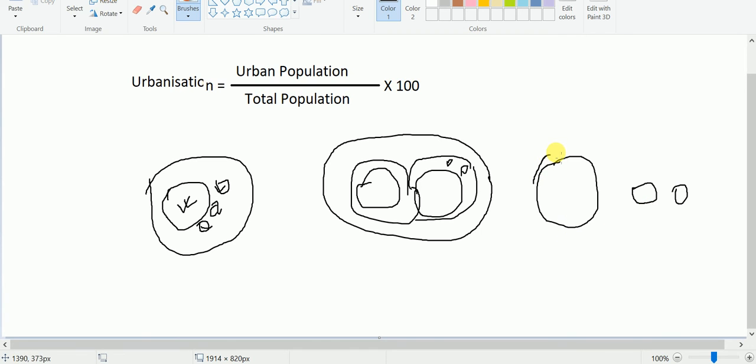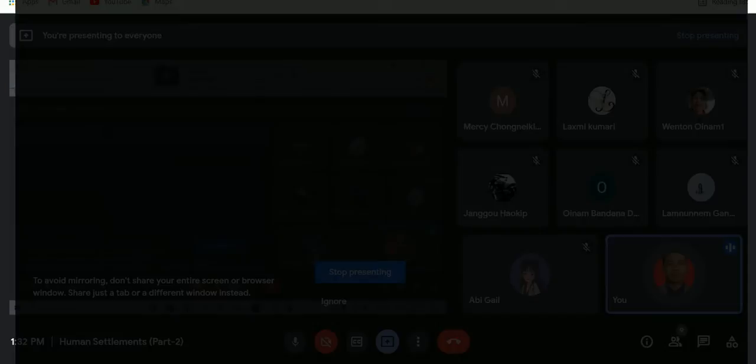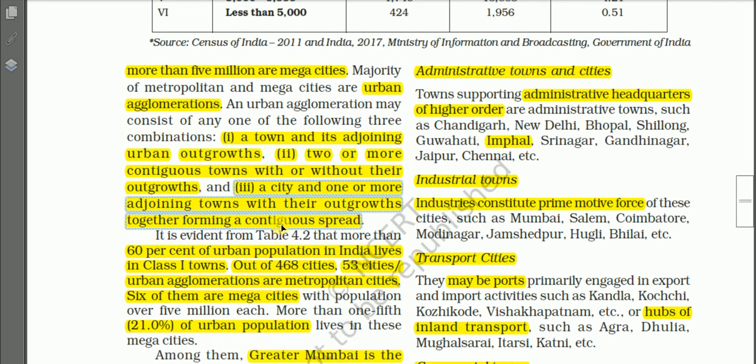So in due course of time this city also will grow and these towns also will grow and they will merge together, and so here the 2 towns together with the big city will be known as urban agglomeration. So this is the third condition.